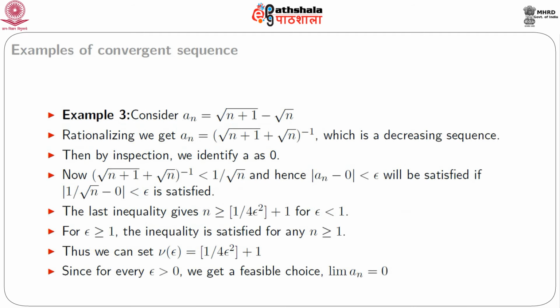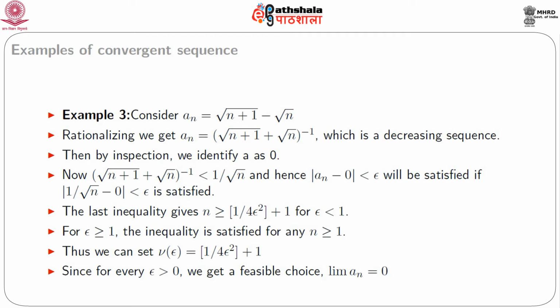Consider our third example, which is defined as square root of n plus 1 minus square root of n. Simply rationalizing, we get a_n as 1 by square root of n plus square root of n plus 1, and it is easy to observe that this a_n is a decreasing sequence.